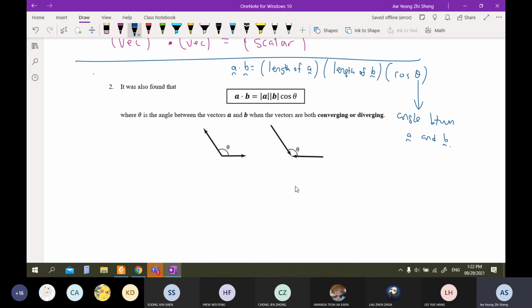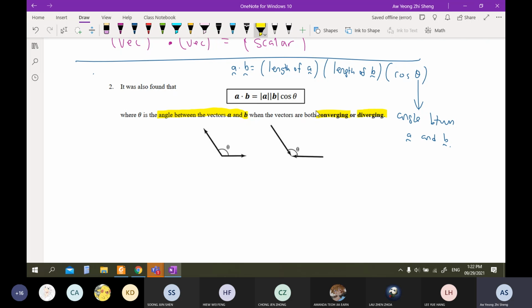Now be very careful with the angle between two vectors. There is a very strict way of identifying the angle. You need to know where the angle is located when you talk about angle between two vectors. The guideline to use is that the angle between vectors A and B is the angle measured between the two vectors when the vectors are either converging or diverging.